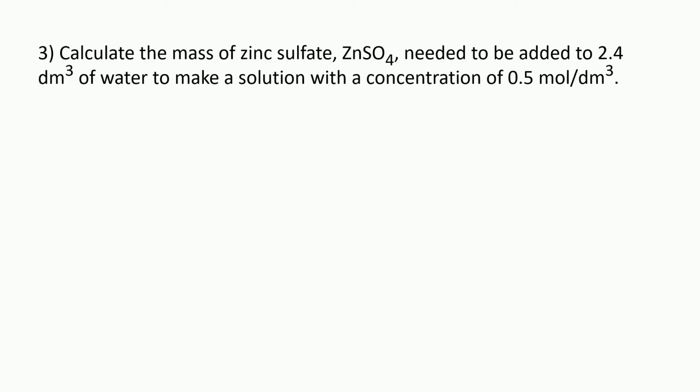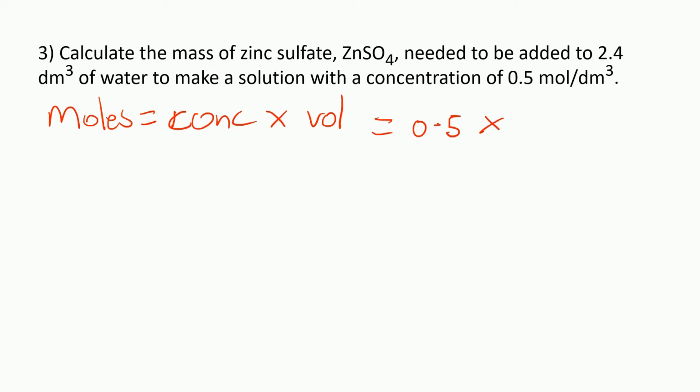So this time we use moles equals concentration times volume. So that is going to be 0.5 is the concentration times the volume, which is 2.4 dm cubed, and that comes to 1.2 moles.